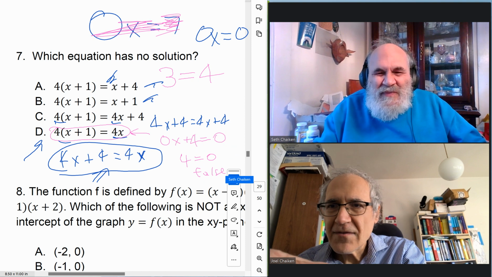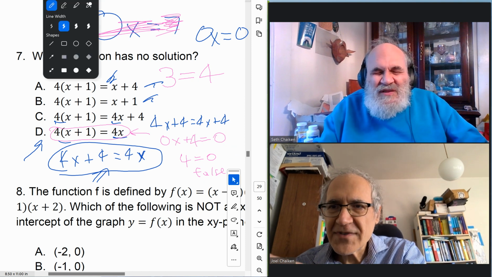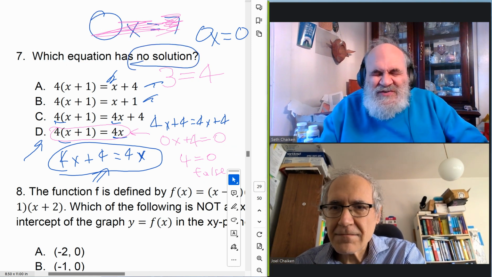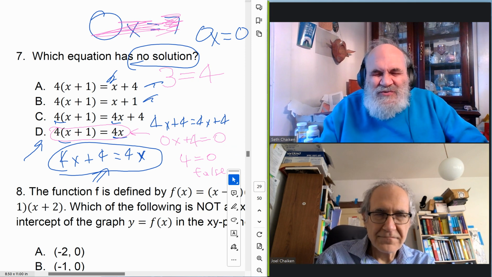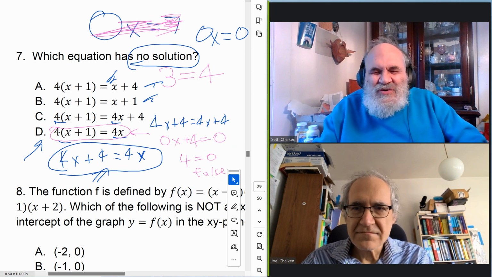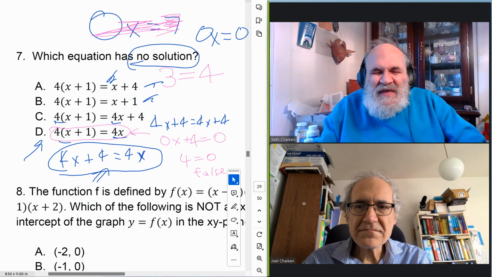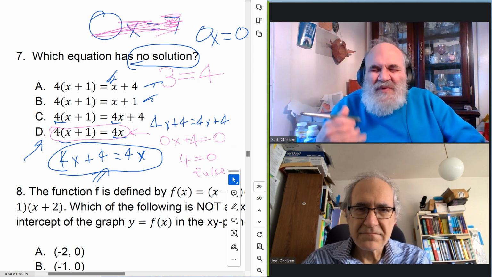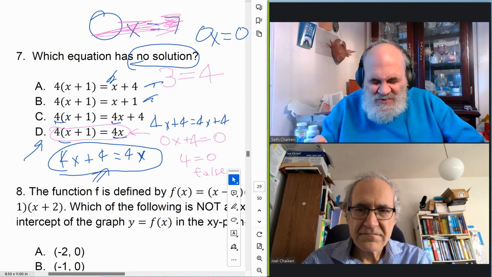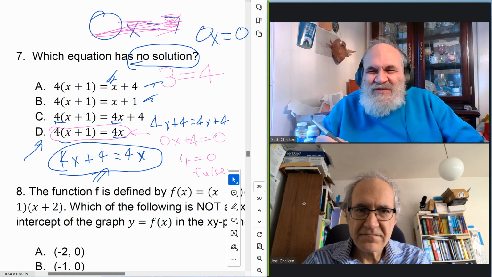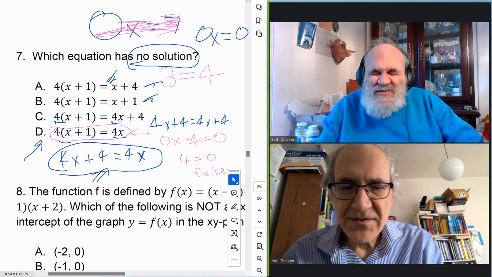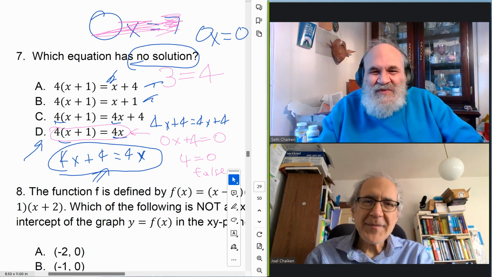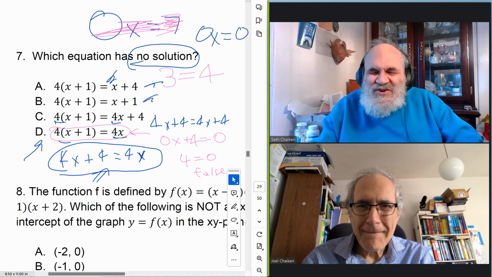Right. So another logical approach is to prove that the equation has no solution by assuming it does have a solution, and then demonstrating that that assumption leads to a contradiction. Here's the logic.